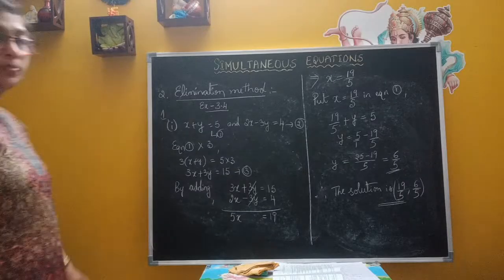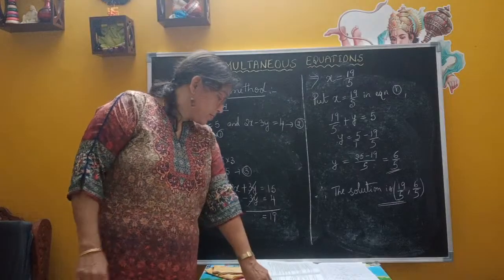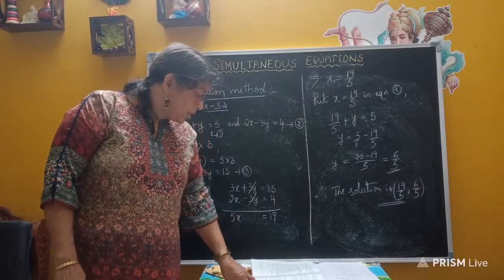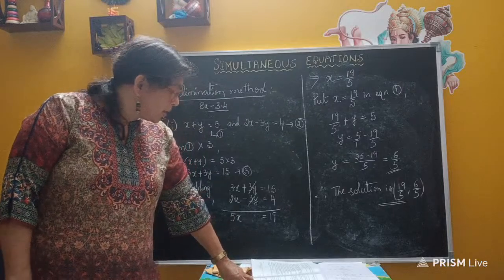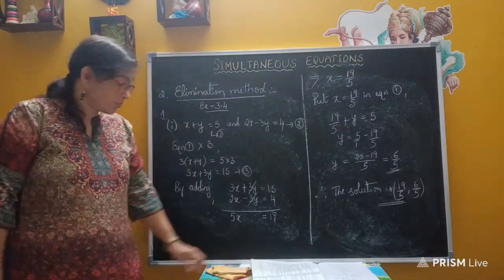Let us do another sum, a little harder one. I take the fourth one in first main. Here the equations are given in terms of fractions. So let us go with that.